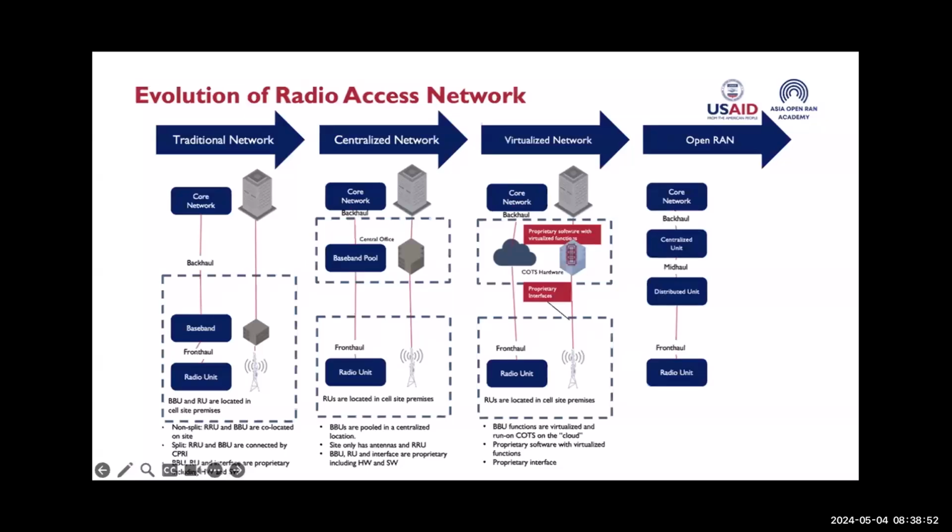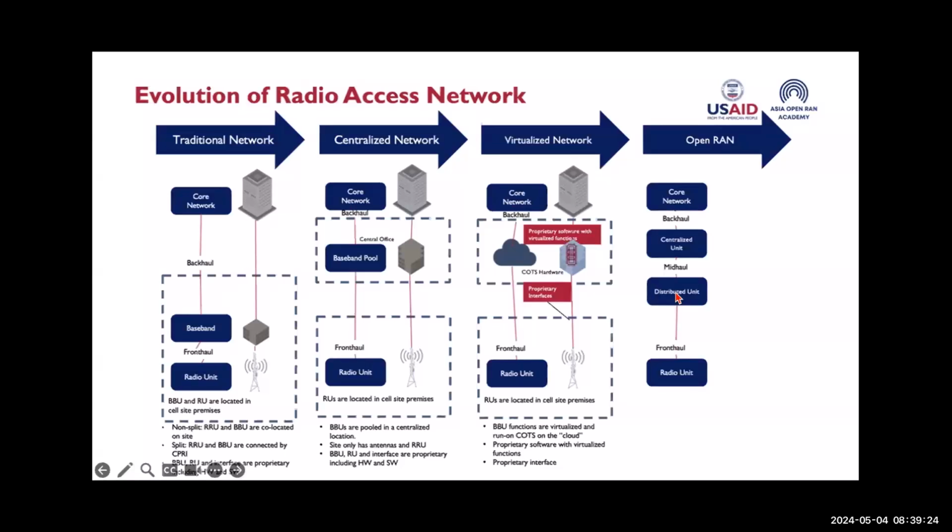Now, what happens here is that it adopted the strategy in the 5G network where the baseband unit has been split into two: the centralized unit and the distributed unit, which was driven by the different use cases of 5G, like the enhanced mobile broadband, massive machine type communications, and the ultra reliable and low latency communications.